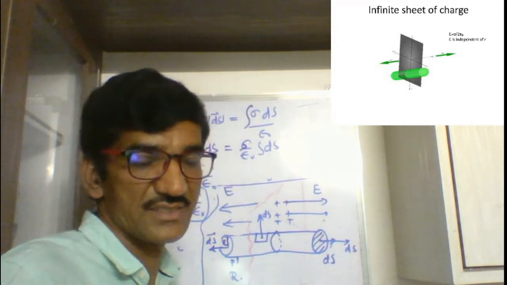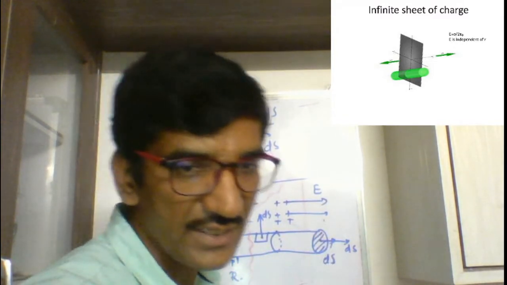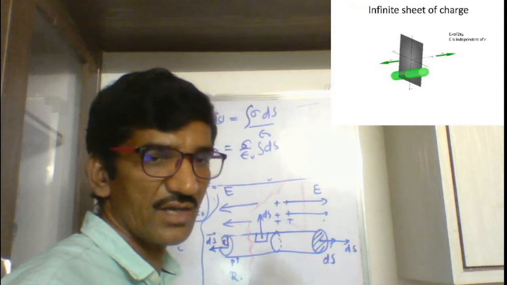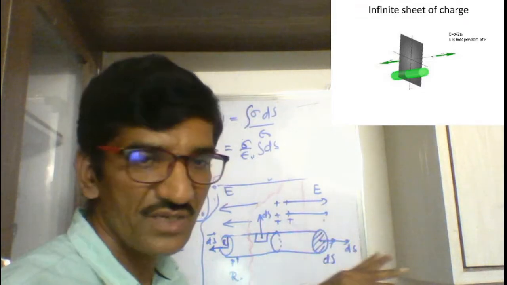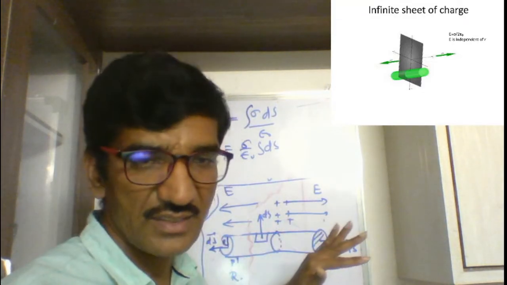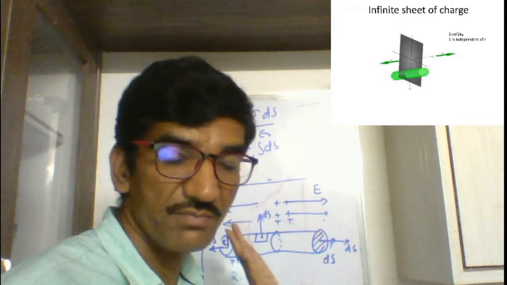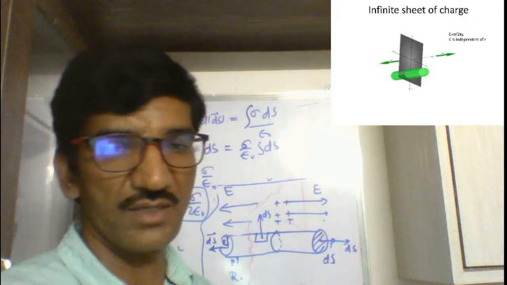So this applies to both the right and left sides of the infinite sheet of charge. Why? Because both are symmetrical. One is on this side, another is on the other side of the plate, because this is a symmetrical problem.